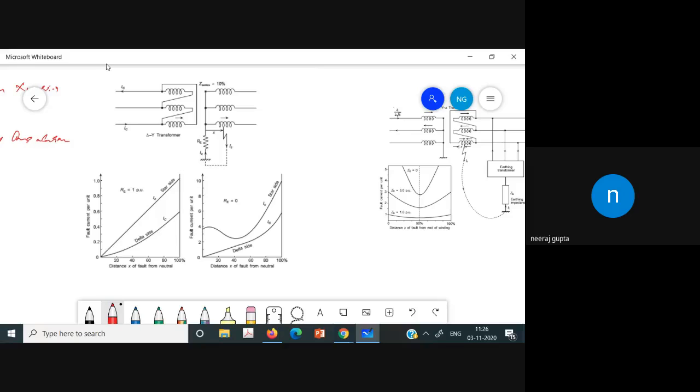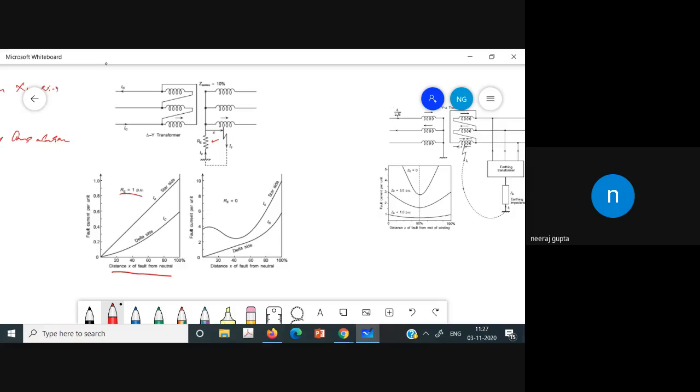This is a delta star transformer, in which the star is grounded by some resistance. The value of the resistance in that case is 1 per unit, and the variation of the fault current with respect to the distance of the fault from the neutral has been observed.